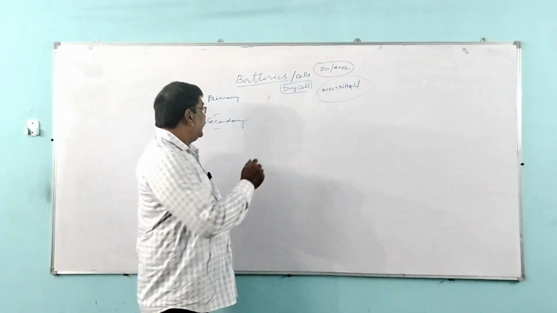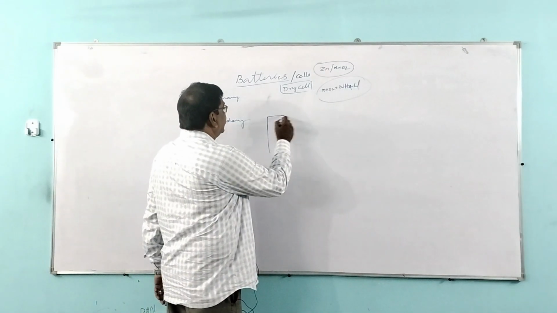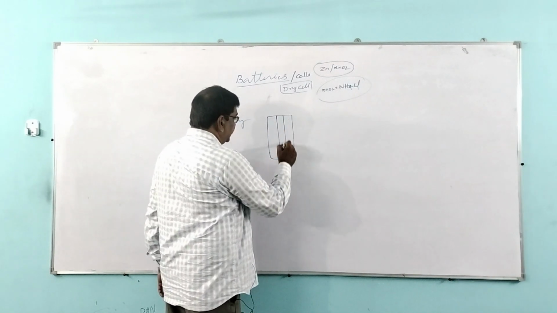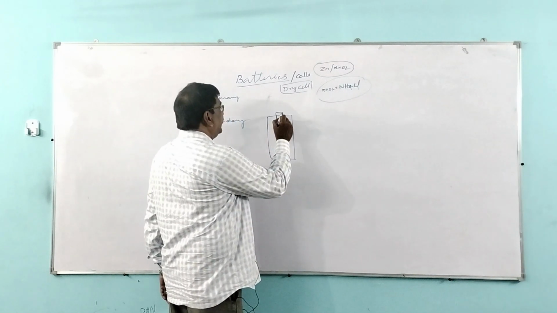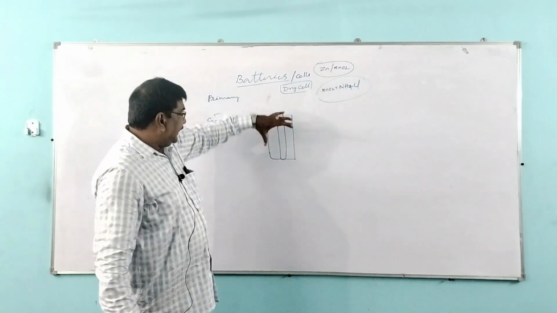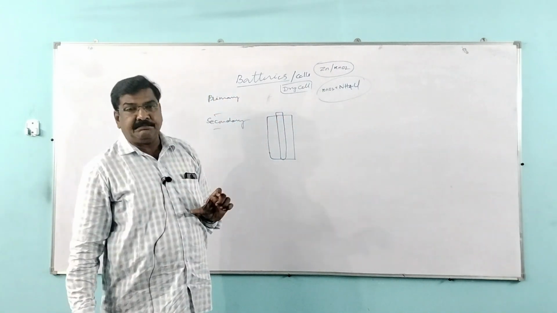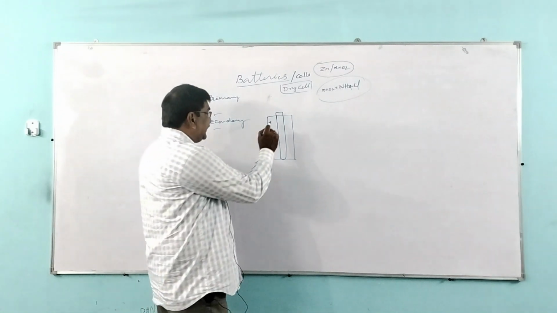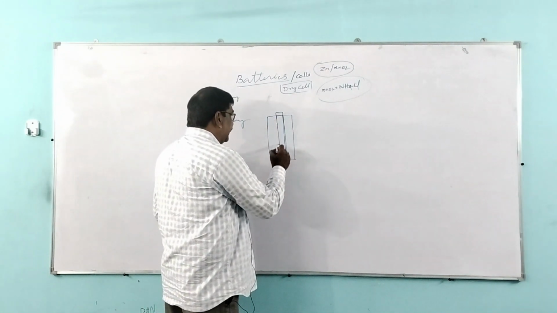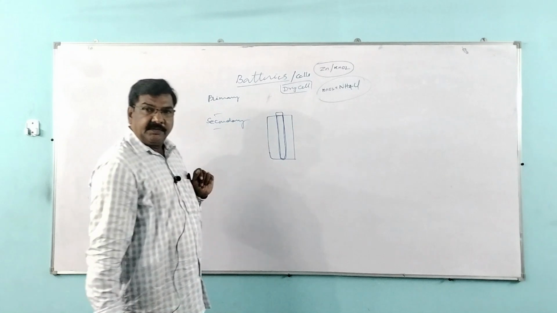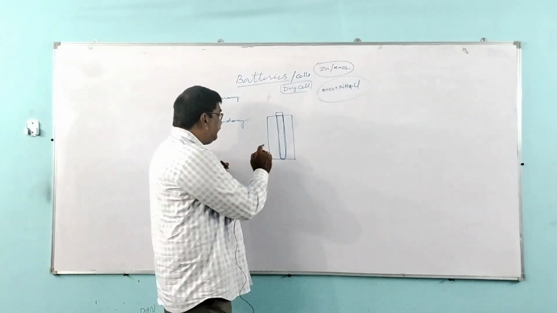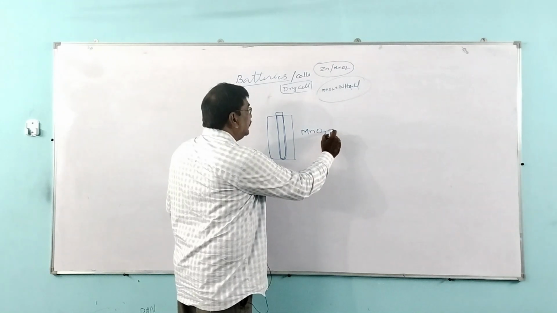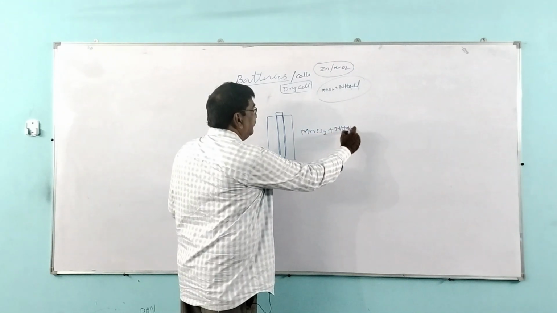In a dry cell, it appears like this. We use this cell in daily life. It is called a pen cell. It consists of a zinc plate which is molded into a tube. At the center, a graphite or carbon rod is placed, and the gap is filled with a mixture of MnO2 and ammonium chloride.